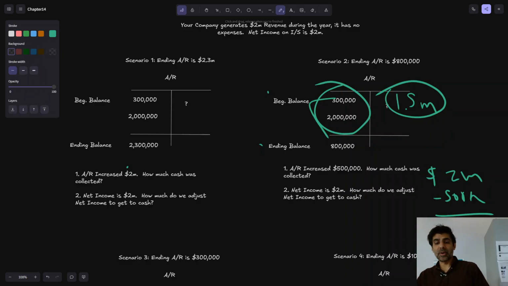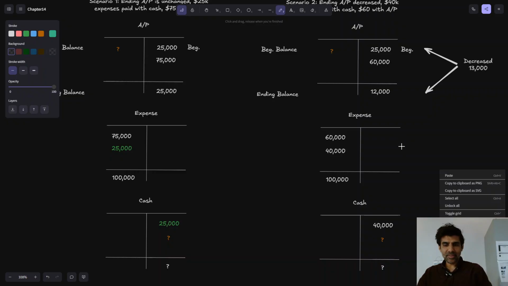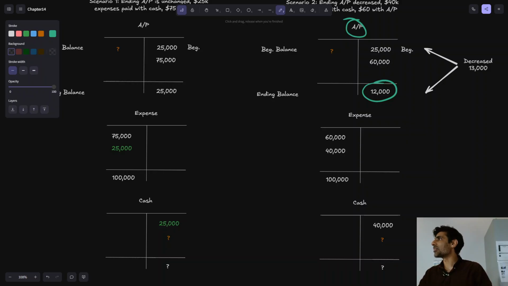But you have to remember, for a current asset, an increase is a negative adjustment. We saw here that a decrease in accounts payable is a negative adjustment. An increase in accounts payable would have been a positive adjustment. If you want to go from first principles, you'll see how much cash flow came in.